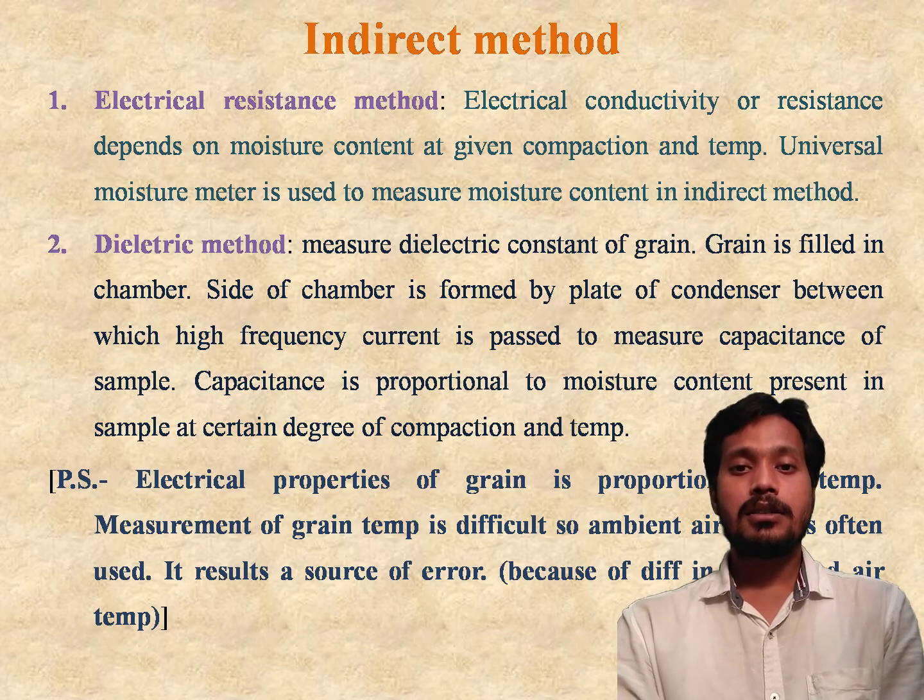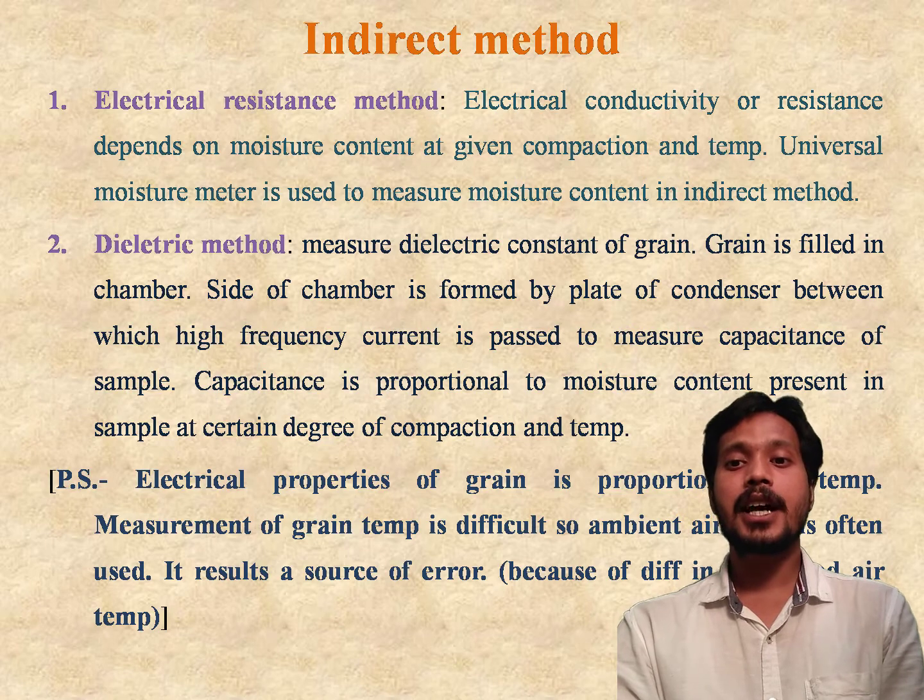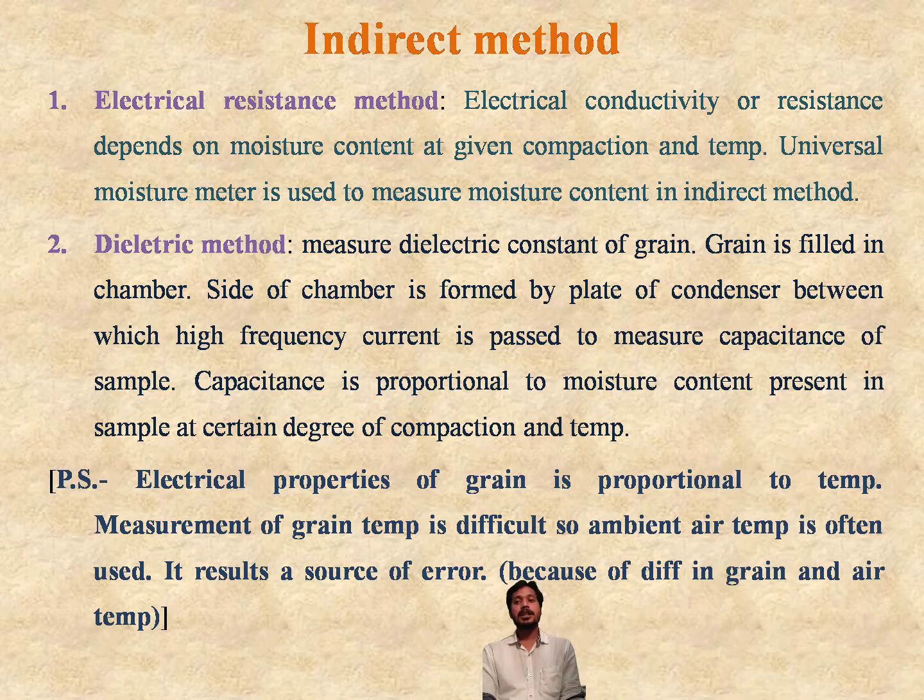Now I already mentioned that this indirect method is not so accurate. Why? Because all the properties we calculate, we must calculate at a particular temperature of the grain. Now it's quite laborious to measure the temperature of grain, while we can measure the temperature of air so easily.